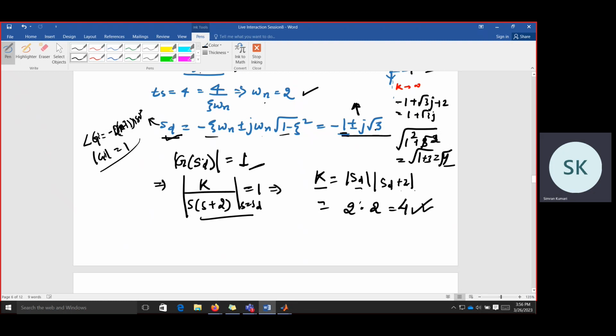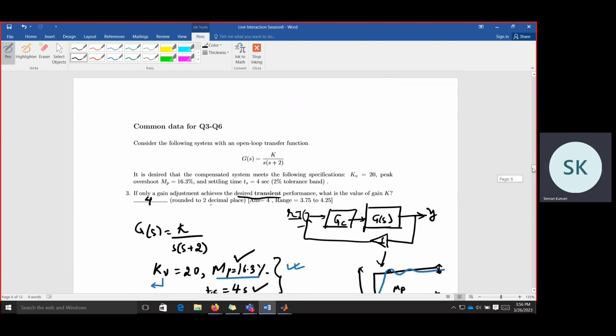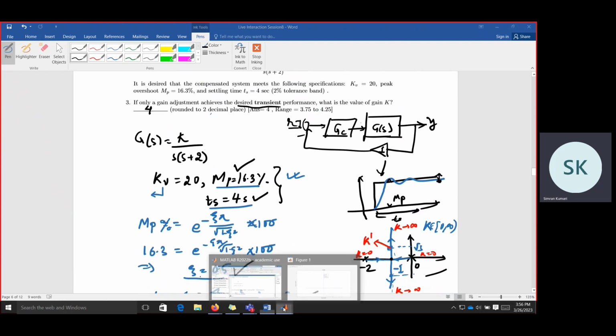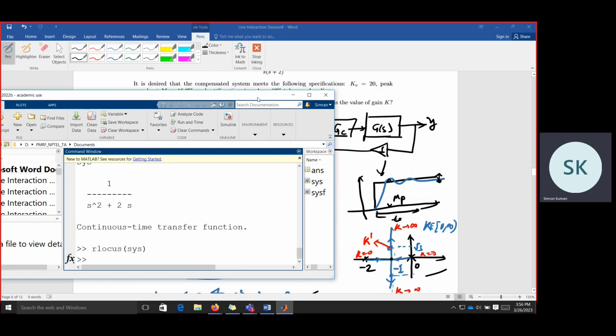And s plus 2 will be minus 1 plus root 3j plus 2, which is 1 plus root 3j, again the same magnitude. So we get K equal to 4. That means at gain equal to 4, we get this transient response, and we said we'll try to verify this. At least if we can't verify the peak overshoot, we can verify this.